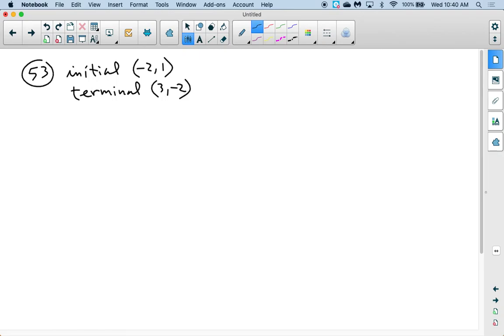The easiest thing to do would be to first write it in component form. Okay, let's do that. We don't need to draw a picture here. The component form would be 3 minus negative 2, negative 2 minus 1. So the component form of this vector would be 5, negative 3.